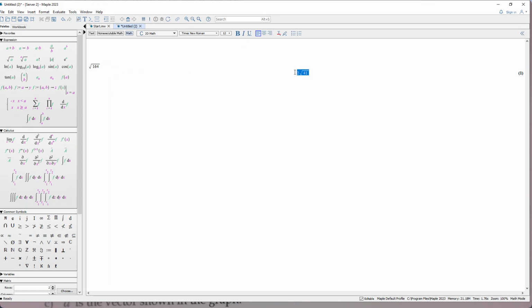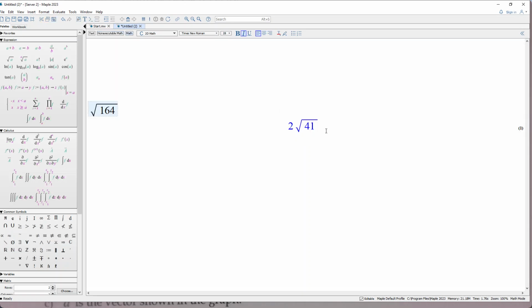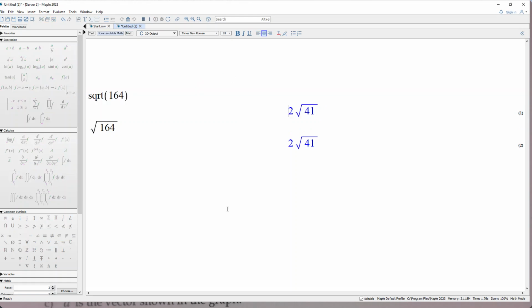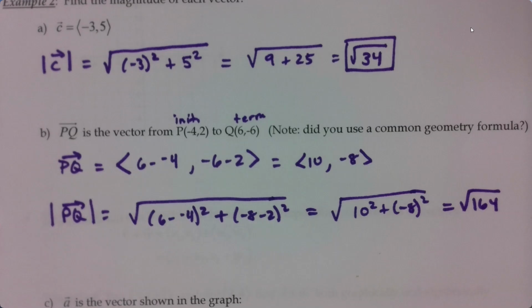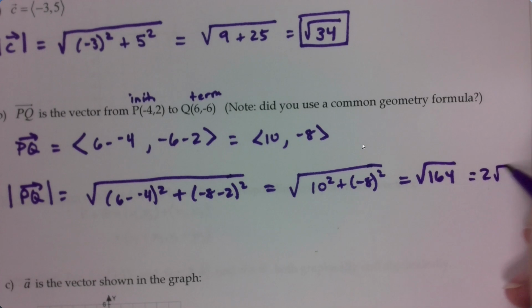So it tells us it's 2 square root of 41. Sorry, that's probably super small. There you go. Now you can see it. So it's 2 square root of 41. Simple as that. So it's over here in the palette. You can also type SQRT if I'm not mistaken. Yes, 164. And there you can see it's 2 square root of 41. There we go. Okay, so this would reduce to 2 square root of 41.